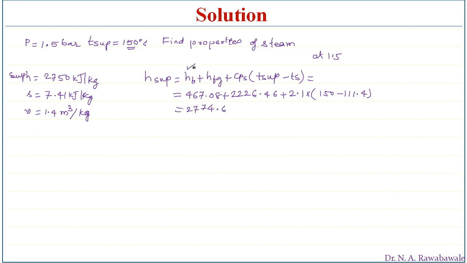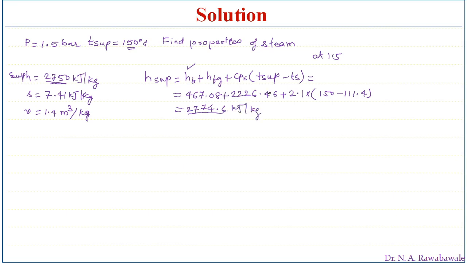These properties are taken at 1.5 bar. So the value of enthalpy of superheated steam obtained by the Mollier chart is about 2750, and here it is 2774 kilojoules per kg.